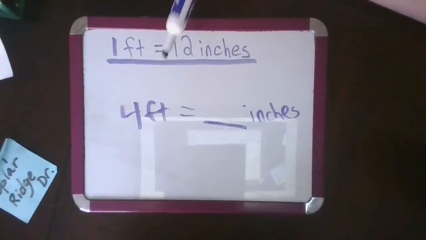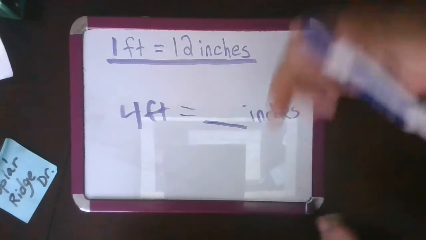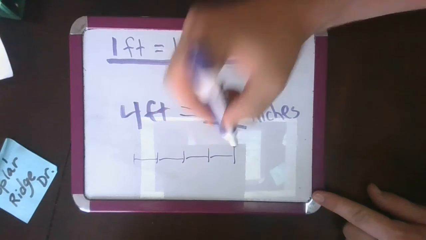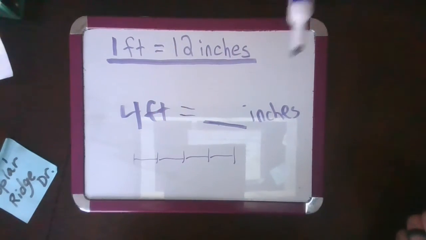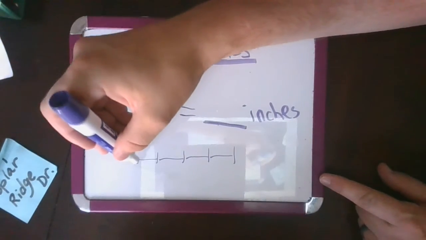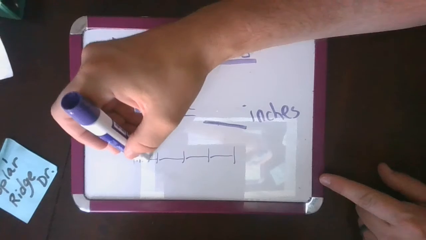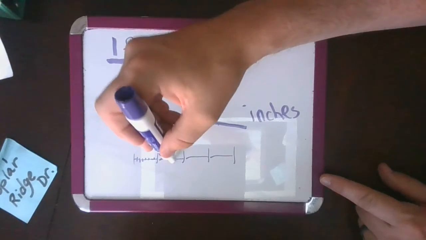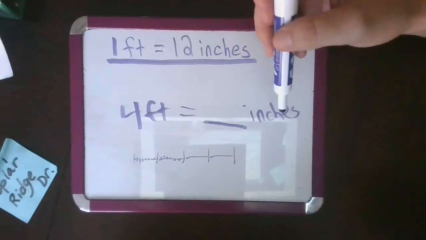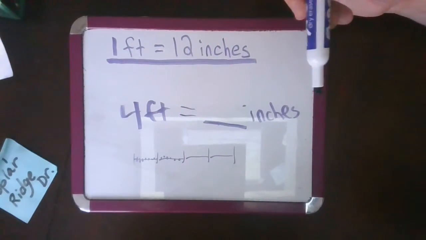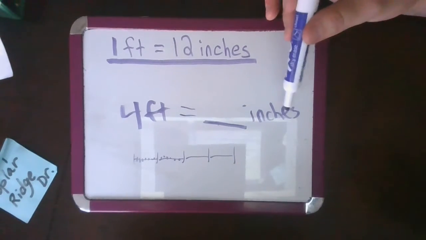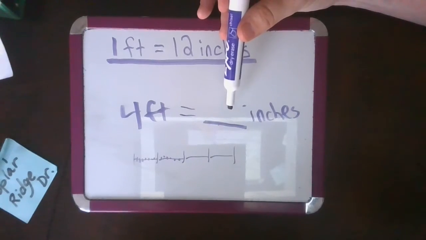If I go a distance of 4 feet, 1, 2, 3, 4, I'd like to think you know that's not drawn to scale, and in every one of these feet there's 12 inches. That is a lot. I should know right away that I'm using a very small unit when I use inches, so I should need a lot more of them. A big unit needs a small number to go the distance. A small unit needs a large number to go the distance.